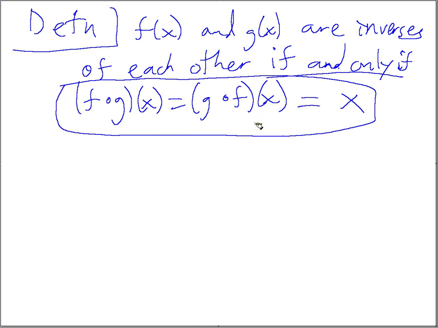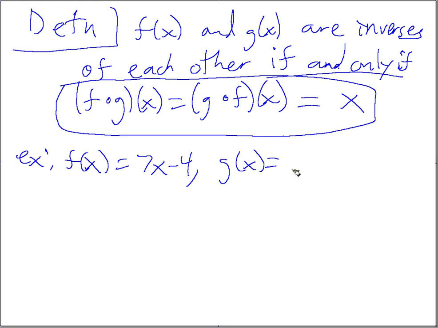So to verify if two functions are inverses or not, you simply verify their composites being equal to x. Here's what I mean. Let's suppose f of x is equal to 7x minus 4, and g of x is equal to negative 2x plus 2.